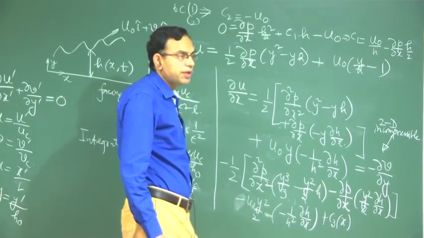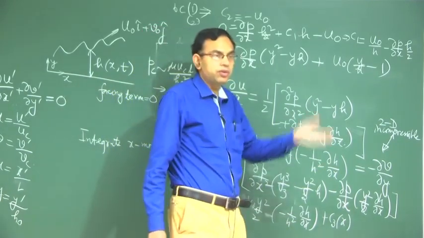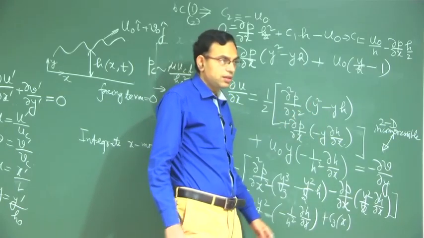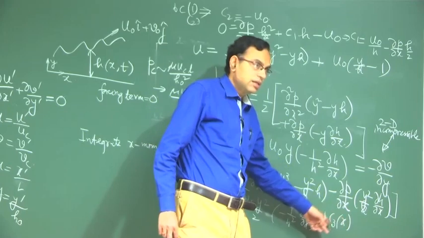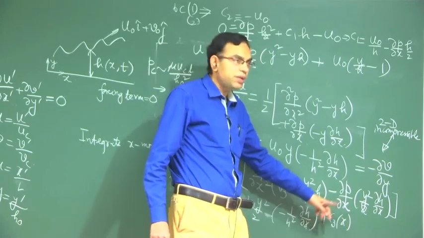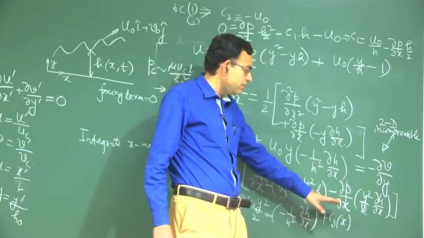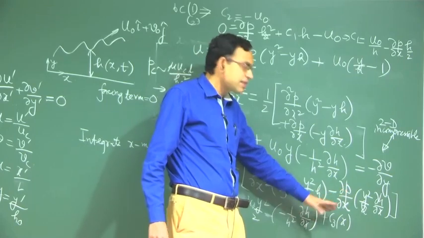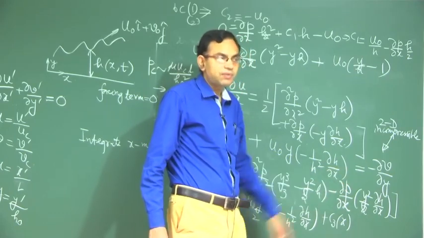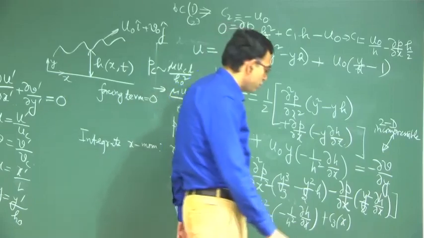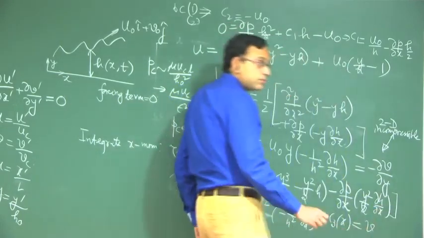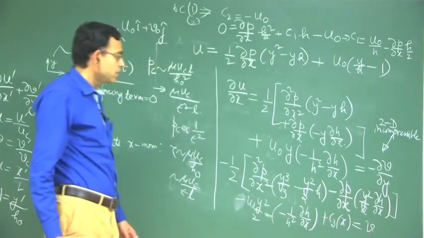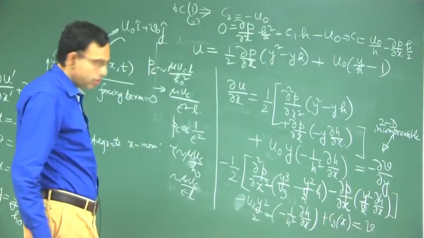In principle, V could be a function of time also. You may extend it to be a function of both x and time, but eventually you will get this as a constant value by satisfying the boundary condition. So, this is V. What boundary condition will we now substitute here?